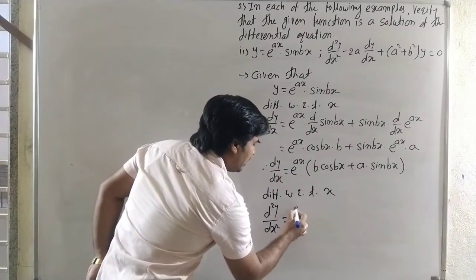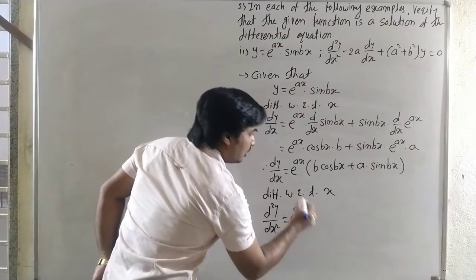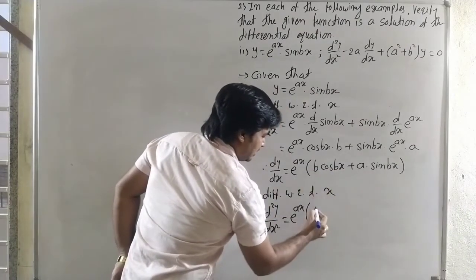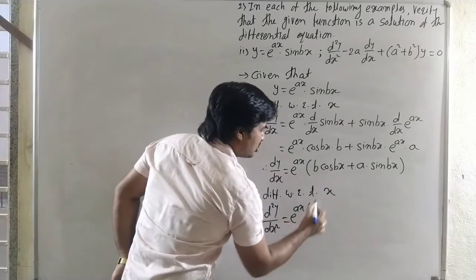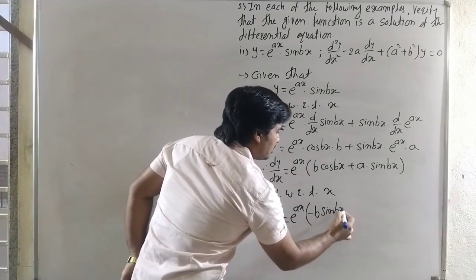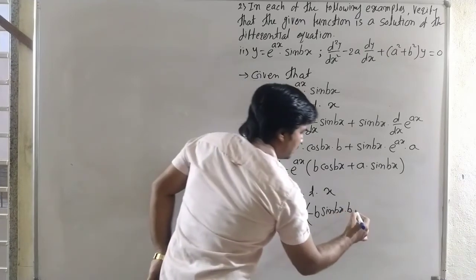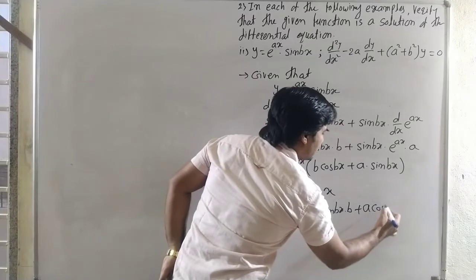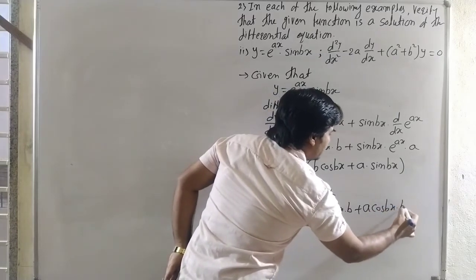We can write directly the derivative of this: b as it is, and derivative of cos bx is minus sin bx into b, plus a into derivative of sin bx, it is cos bx into b.